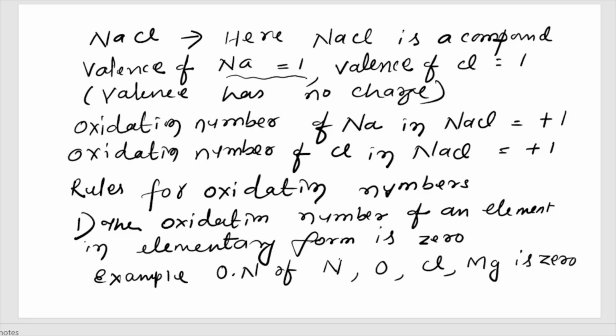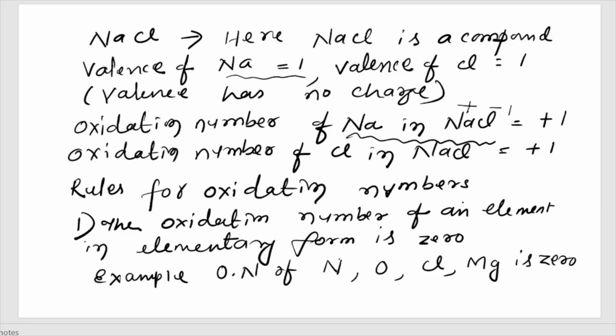Well, oxidation number of Na in NaCl, what does it mean? NaCl means one compound. That reaction started and compound is formed, and here the oxidation number you can count, that is plus 1 and minus 1. So what happened here? It is plus 1 and it is minus 1. That means it is Na. What is the Na value? Plus 1. This is the oxidation number because NaCl, one compound, is formed by the combination of sodium and chlorine.